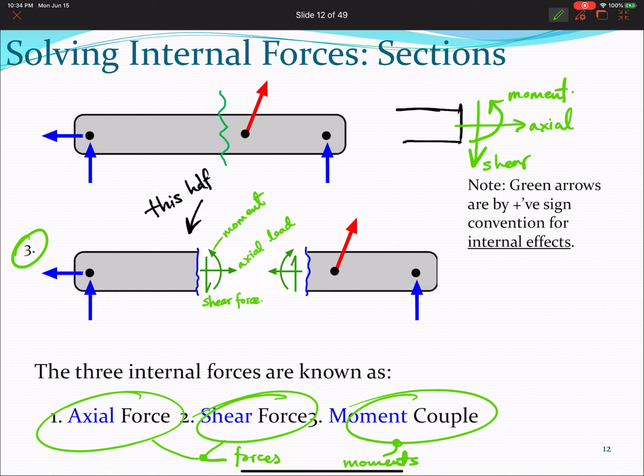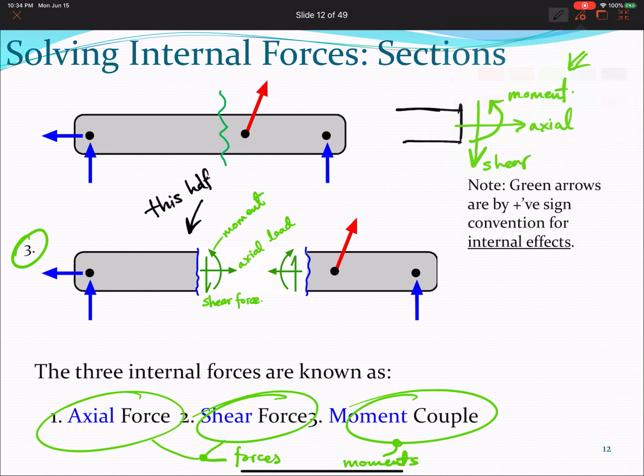I am following a convention of signs, and this is very important. This is really important, to use the right convention of signs. This is one of the most important things when dealing with internal forces, because things can go really wrong really fast if you don't use the right convention of signs, right? So more on this convention in just a minute.